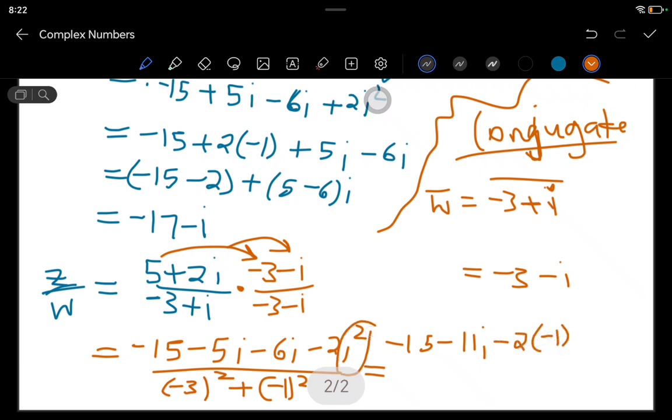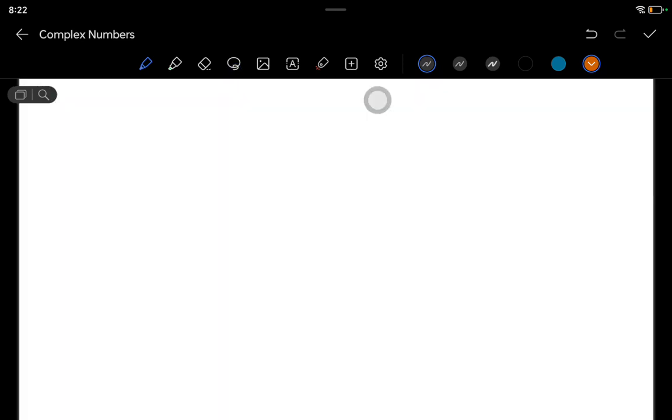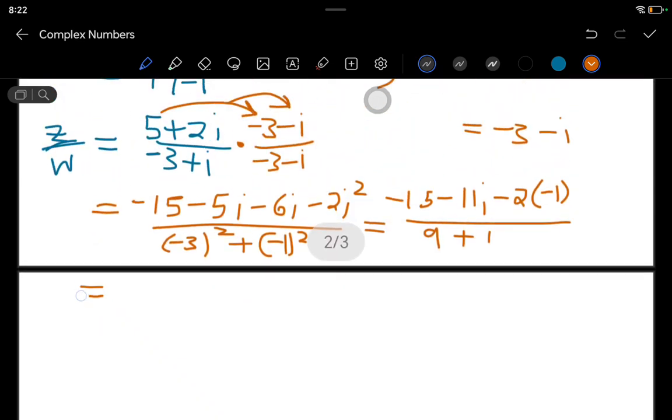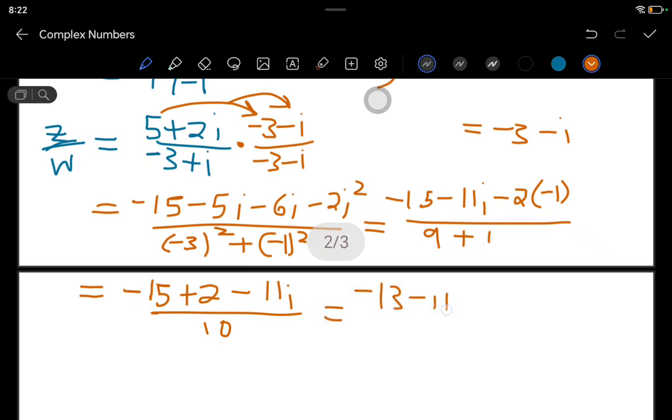And then we get minus 15 plus 2 minus 11I all over 10, which is minus 13 minus 11I all over 10. Then we simplify it.